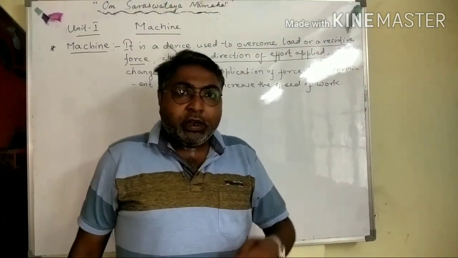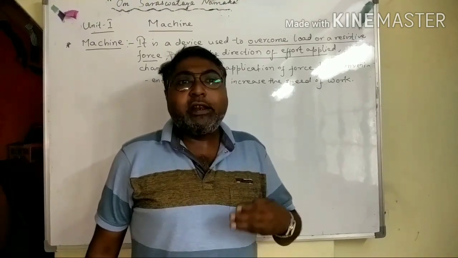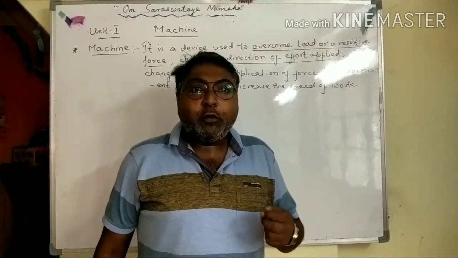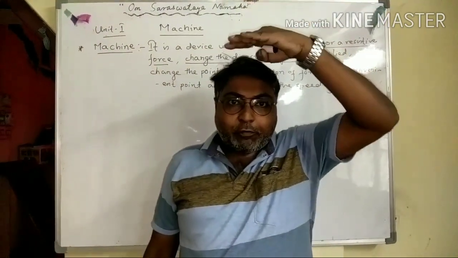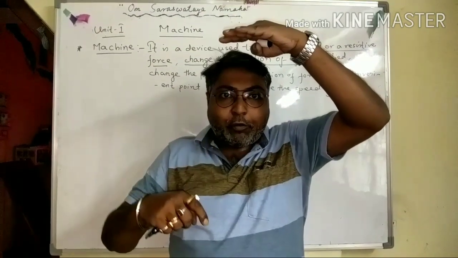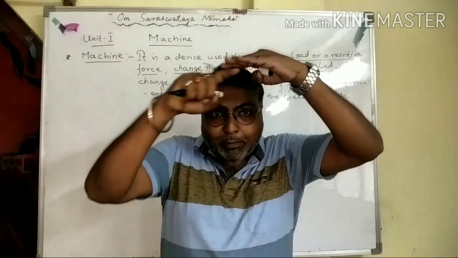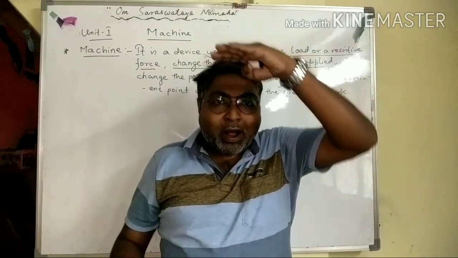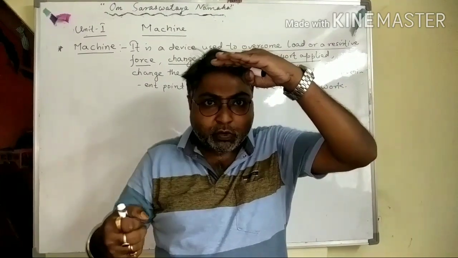In order to eradicate this sort of problem, you can take the help of a pulley. The pulley will be fixed to a rigid platform, a single fixed pulley. Through the pulley you pass a rope. At one end of the rope you will apply effort, means you will apply force.